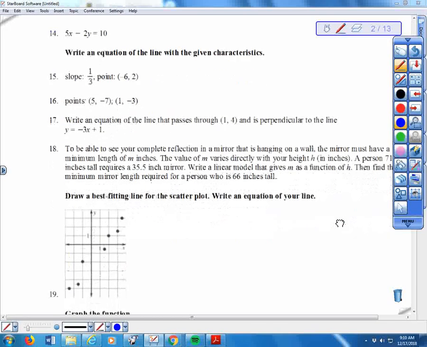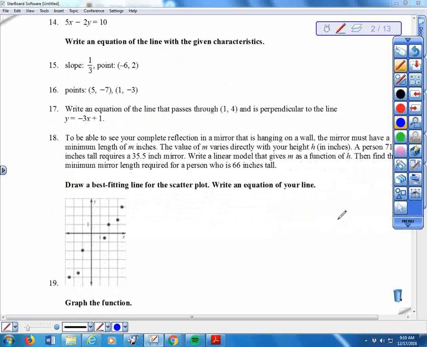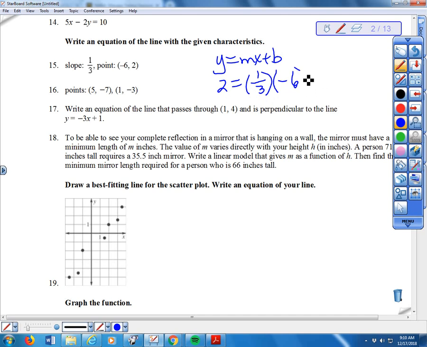Write an equation of the line with the given characteristics. So I'm given a slope and a point. If I want to use the slope-intercept form, I can go ahead and plug the point in, the slope in, and solve for b. It doesn't say solve, but in order to write the equation, I need to know what b is.